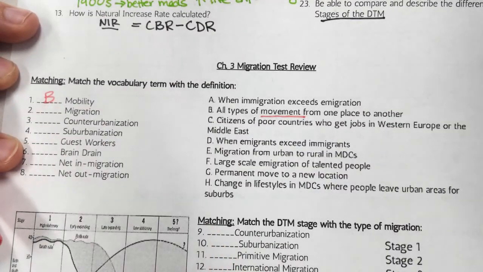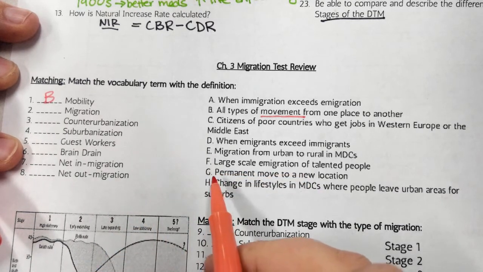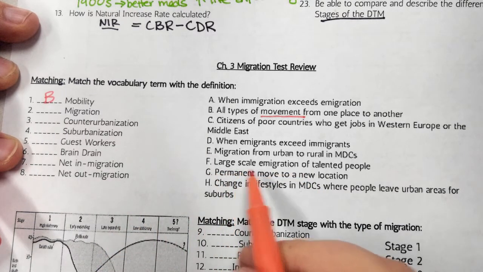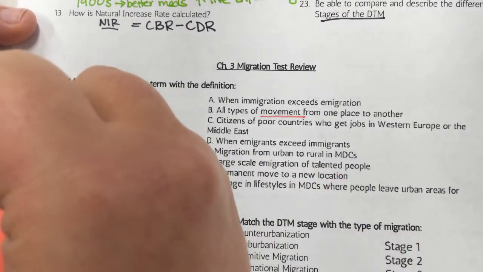So also think about what slows down movement. Things that would hinder mobility could be your age, your social status, money. It could also be access to a car, how fast you can walk, what kind of transportation you are using. Migration is a permanent move to a new location.